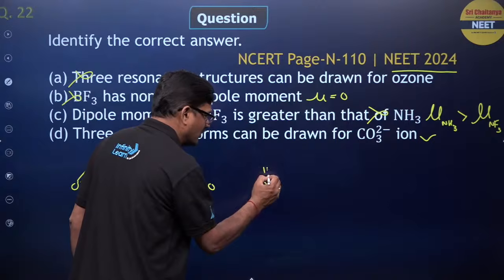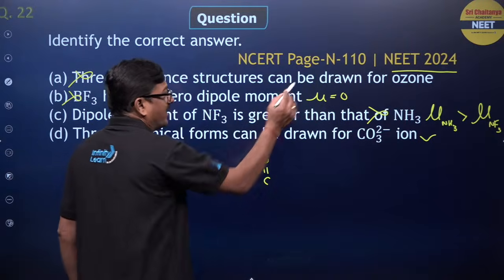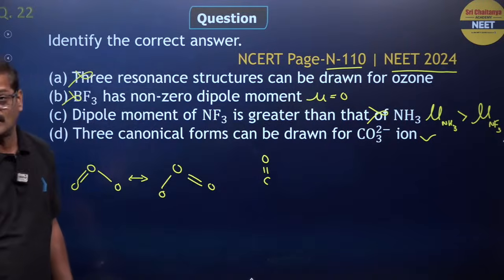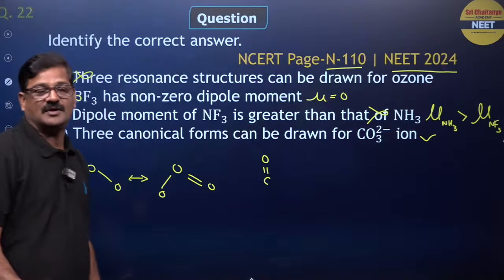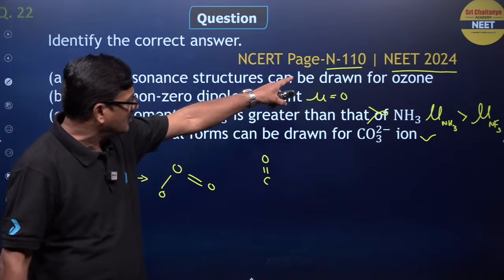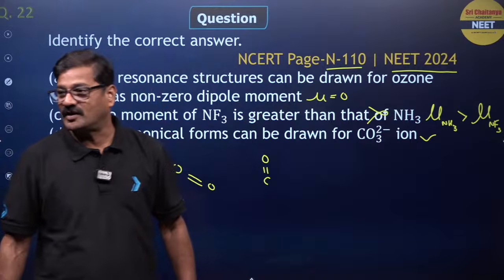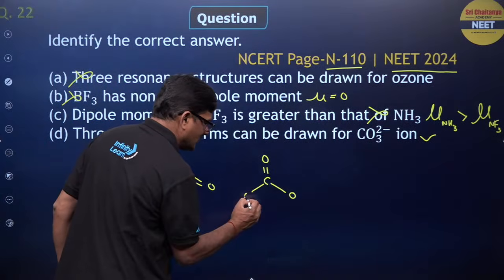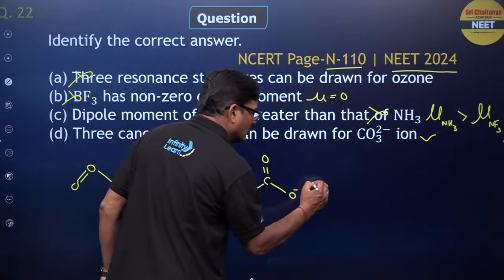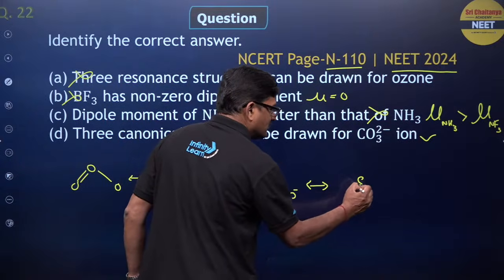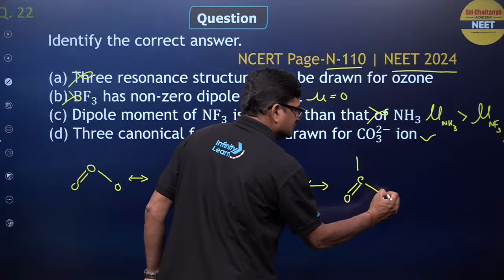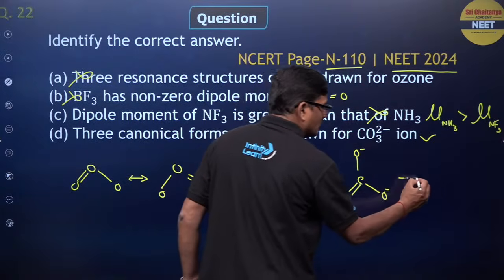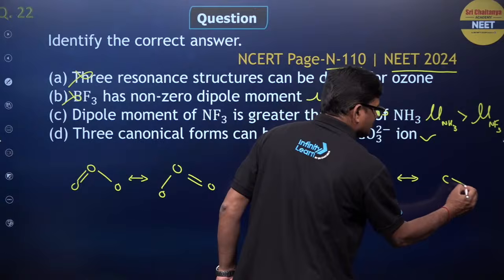The C double bond is given in NCERT. Page number 110. I am telling you, keep your NCERT book and directly go to page number 110, and you can see this. This is going to be a resonating structure like this. And one more resonating structure I can give you like this. And one more like this.